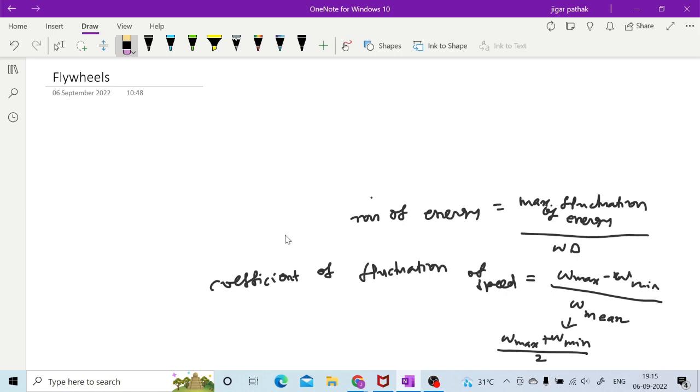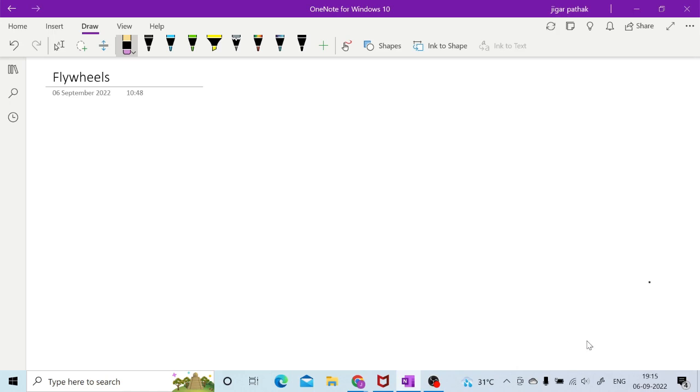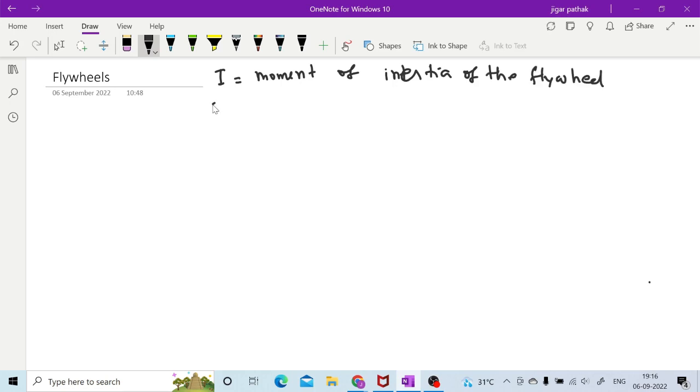Here we will see how we can come up with that equation, because based on that equation you have multiple questions in your GATE examination. So let us start first with nomenclature. I is the moment of inertia of the flywheel, right? Then you have omega max, omega mean, or average, you can say, related to the flywheel again.